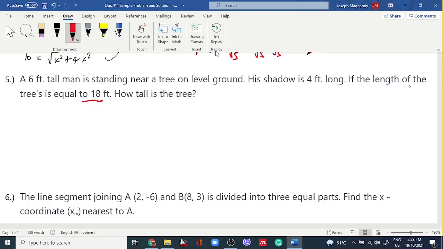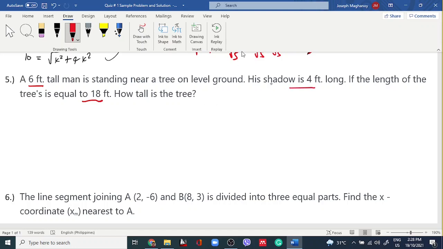Because, if the length of the tree, okay, but you need to correlate first this length of the tree. Based on the problem, a 6 feet tall man is standing near a tree on level ground. His shadow is 4 feet.